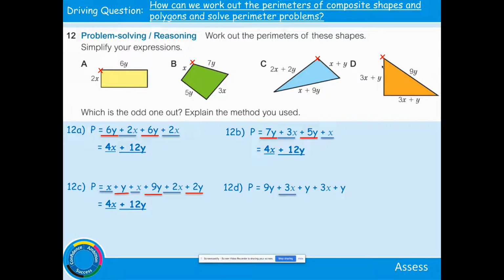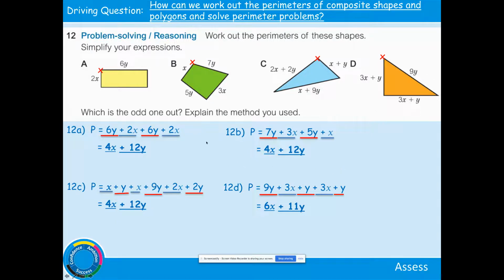Again, I'm going to look at my x's first. So I've got 3x, add another 3x. So I've got 6x altogether. I'm going to look at my y's. I've got 9y, add y is 10y, add another y is 11y. Sorry, 9, 10, 11y. I've got 11 y's.